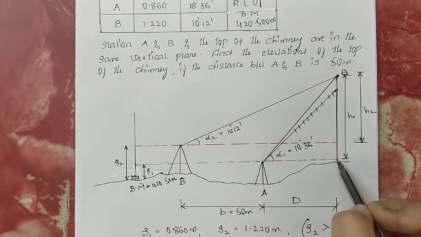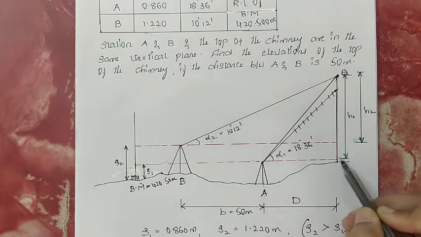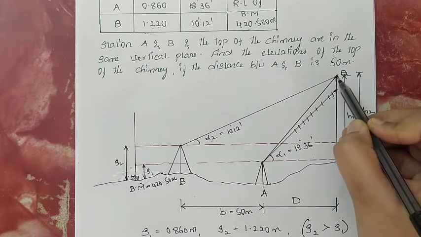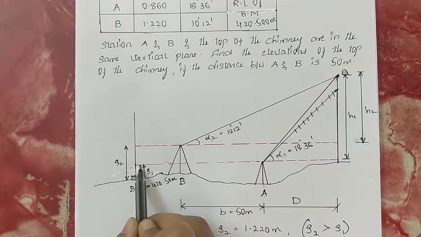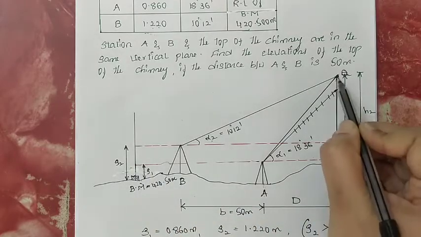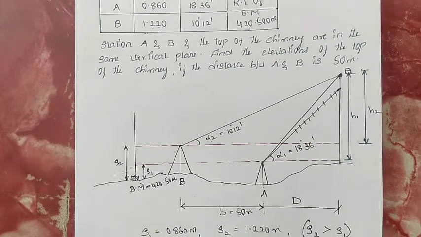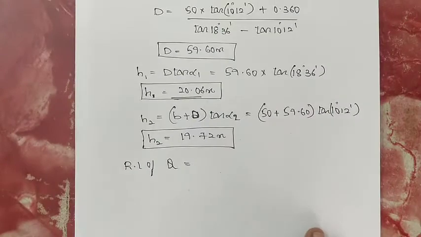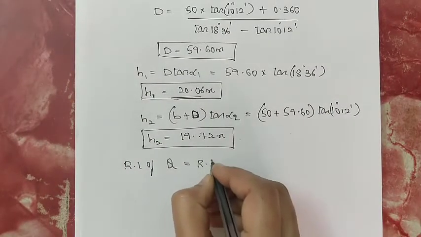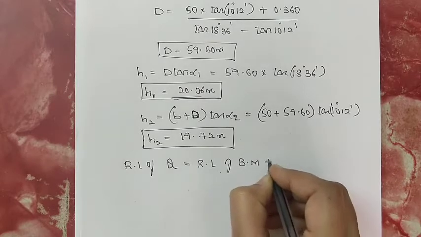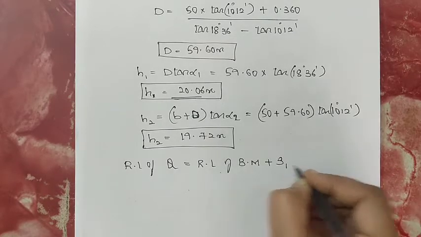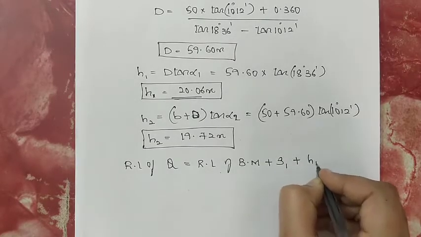From here we reached, you need to reach the top of the Q point, plus H1. I will repeat it: RL of benchmark plus staff reading S1 plus H1. Okay, that is your RL of Q.